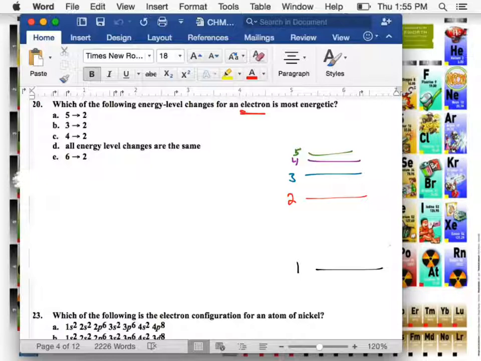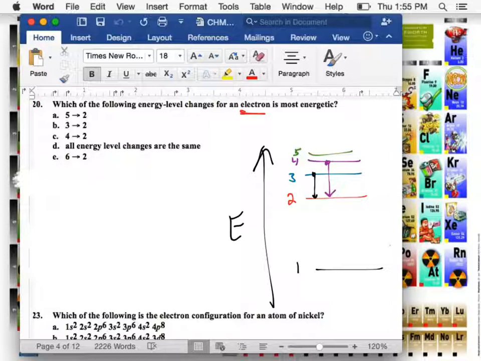So what they're asking about, which of the following energy level changes is the most energetic? If I jump from step 3 to step 2, there's an energy jump there. The difference between those is my energy, because when we looked at our diagram, that is all energy. Is that a larger or smaller distance than jumping from 4 to 2?